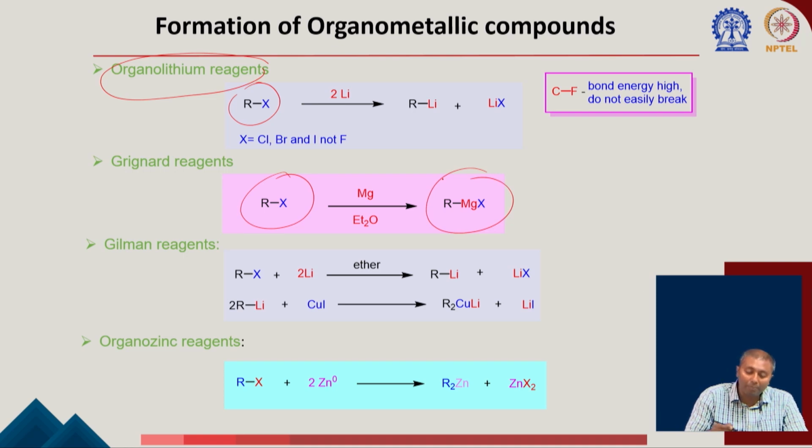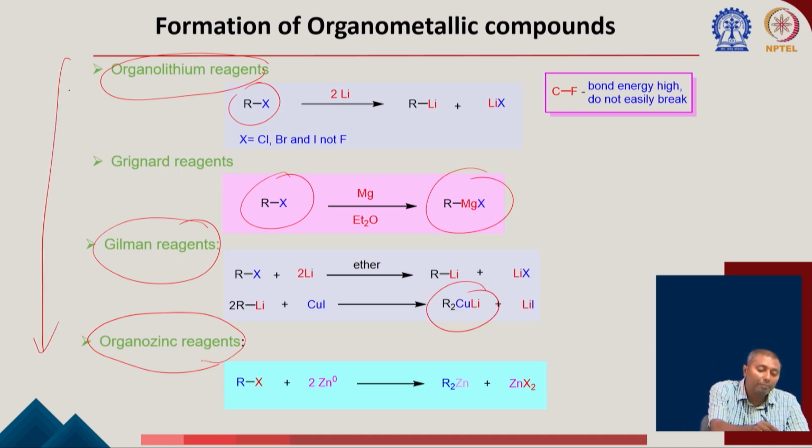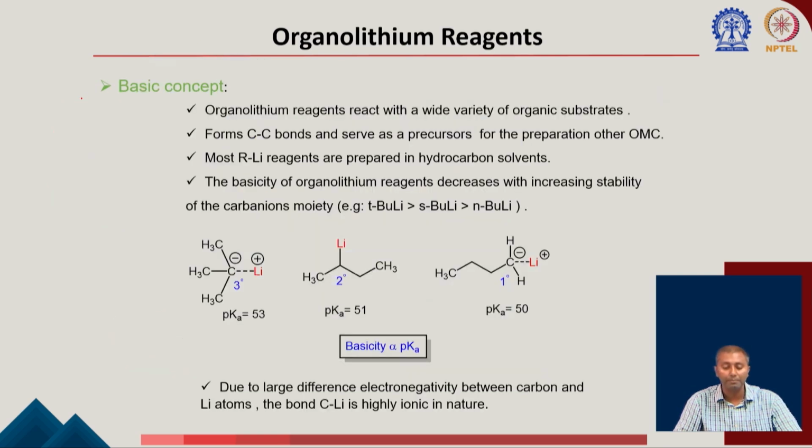Then organocopper reagents, of course one of the important ones is the Gilman reagent, how you can make the Gilman reagent, and what are the different reactions using Gilman reagent. Then organozinc reagent, and what are the differences between these four, about organolithium and organomagnesium, which is stronger or weaker, and if this is stronger, then what is the difference between their reactivity. So we are going to discuss all these different things in this particular topic.